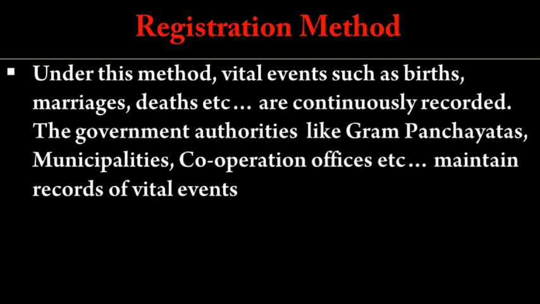Under this, whatever vital events happen will be registered with the concerned authority of a particular locality. Under this method, vital events such as births, marriages, deaths, etc. are continuously recorded. The government authorities like Gram Panchayats, municipalities, corporation offices, etc. maintain records of vital events.